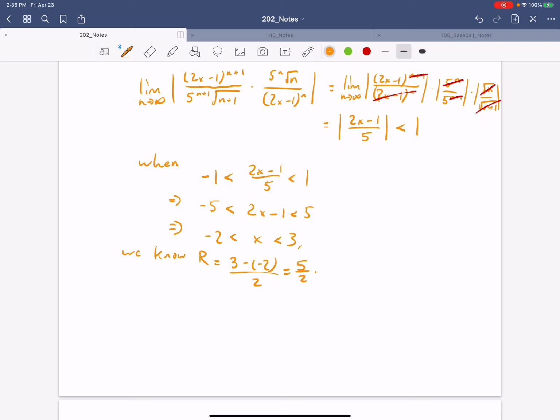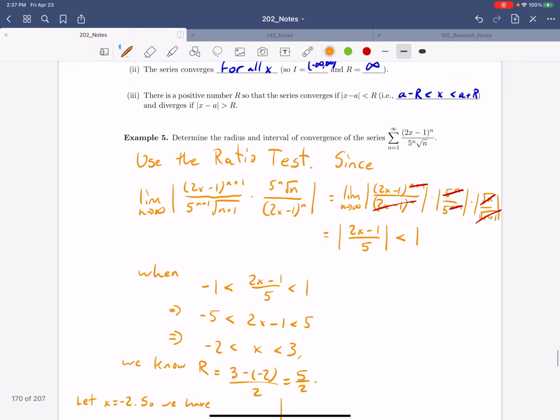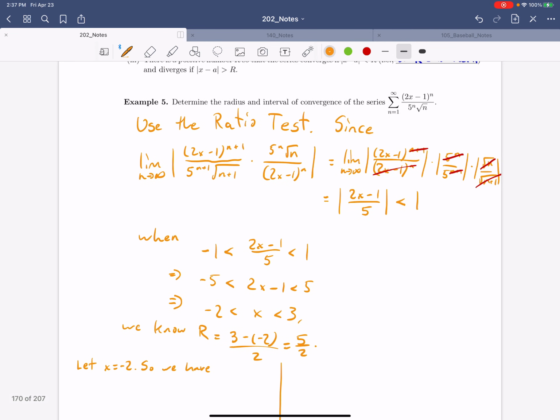Okay? So now what we need to do is consider the special cases. What happens when x equals negative 2 and what happens when x equals 3? It really is best to rewrite the series with x equaling, in this case, negative 2.